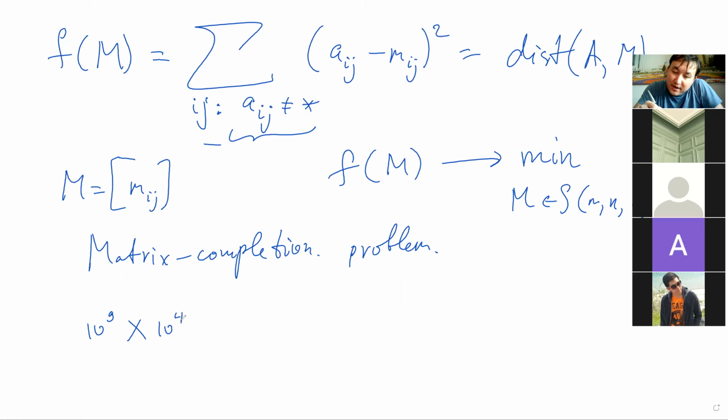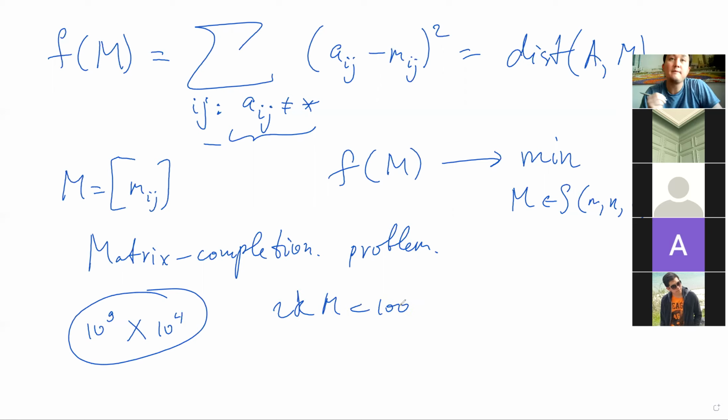So you have this large matrix whose entries are not defined everywhere. It's a sparse matrix, and you have to approximate it with another matrix whose rank is not greater than maybe 100. It turns out that this is one of the best ways to solve the problem of recommendation.